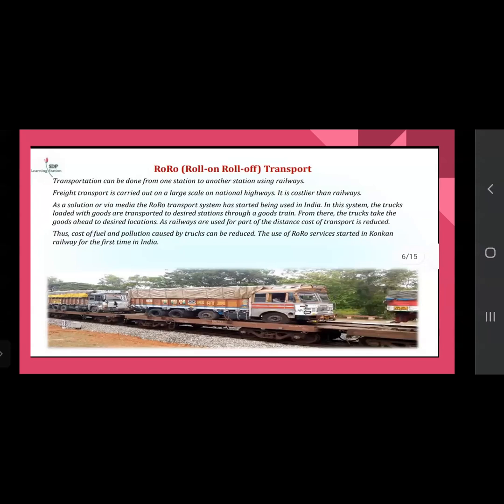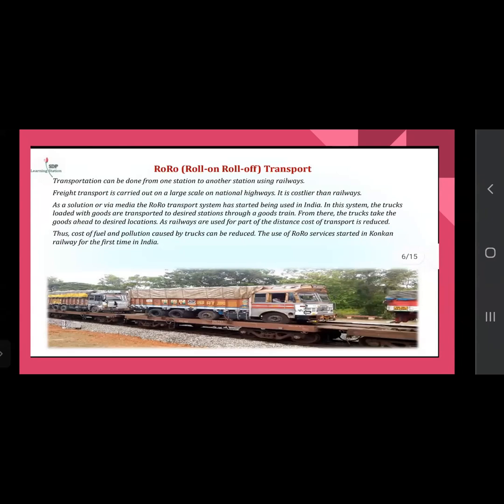As a solution, the roll on, roll off transport system has started being used in India, so that the cost is less. In this system, trucks loaded with goods are transported to the desired station through a goods train.